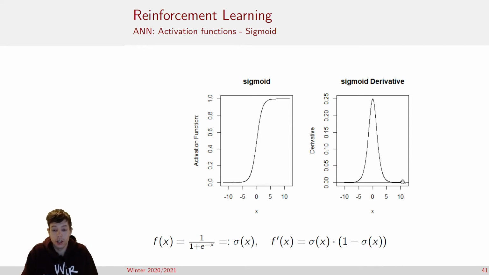So for very large or very small input values, we don't learn a thing, which is problematic, because if we specify the net a bit incorrectly at the beginning, or if we have too large a learning rate, then our gradient in the end will deteriorate and will turn up with zeros everywhere, and we will stop learning anything any further because the derivative then will be 0. We'll see that in a second.